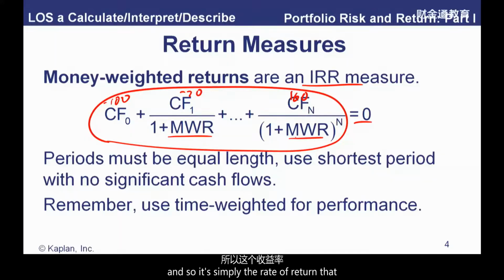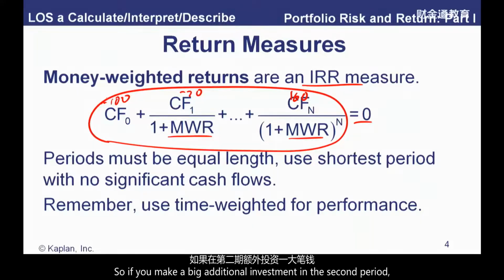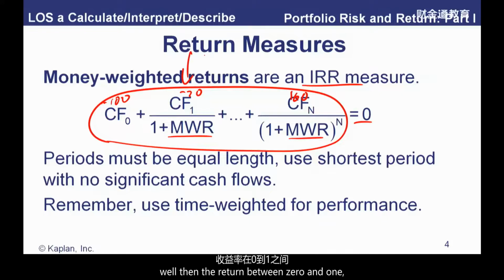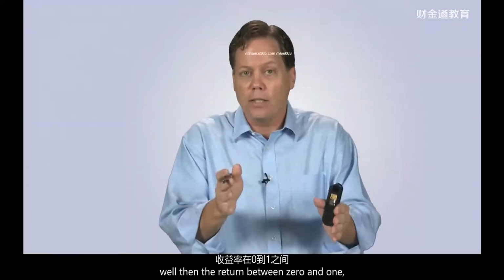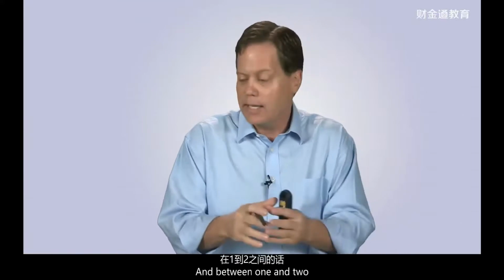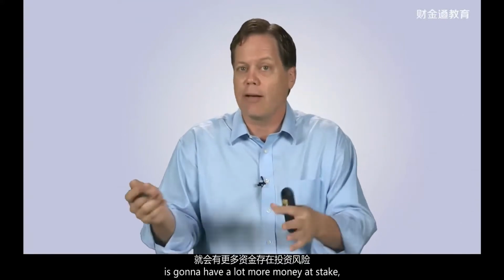It's simply the rate of return that forces the net present value to be equal to 0. In this case, we have outflows at the beginning, just like in a normal net present value scenario, so it looks common to us. The thing to remember here is that we're weighting by money and not by time. So if you make a big additional investment in the second period, the return between 0 and 1 is going to have a little bit of money, and between 1 and 2 is going to have a lot more money at stake.